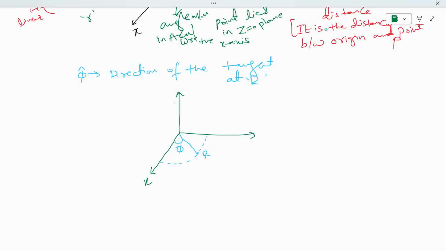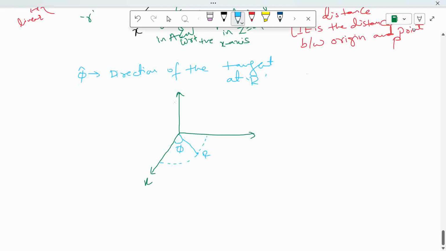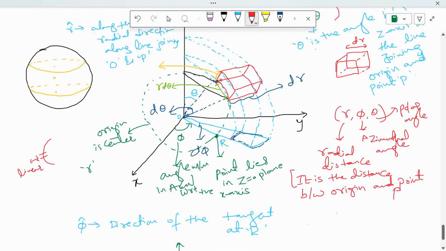So the direction of the unit vector phi cap will be like this. So this is the phi cap direction. Let me plot here. The r cap direction is going in this direction, and we have phi cap in this direction.